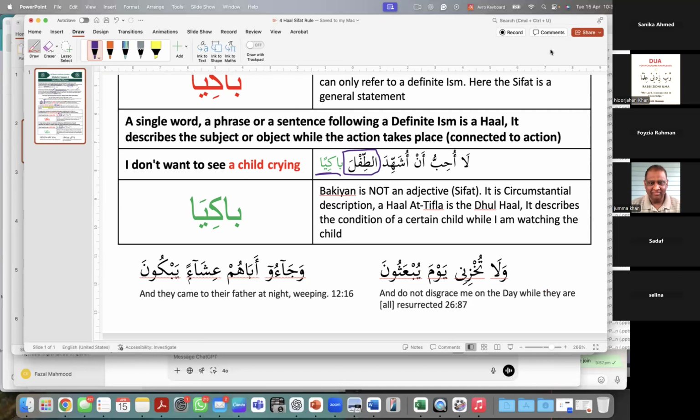Fine. And yabkun is a jumla or a shibh jumla. And you have a nakira ism, isha'an. So what would you call yabkun then? Sifa. According to the rule I just explained, you will say sifa. But it is not sifa.